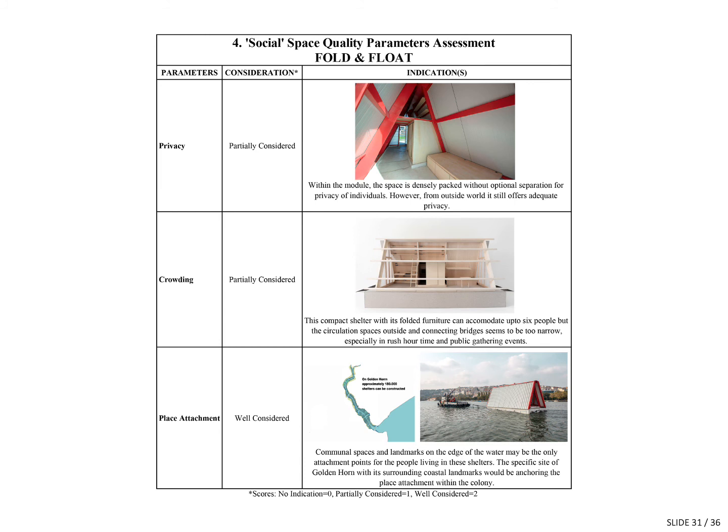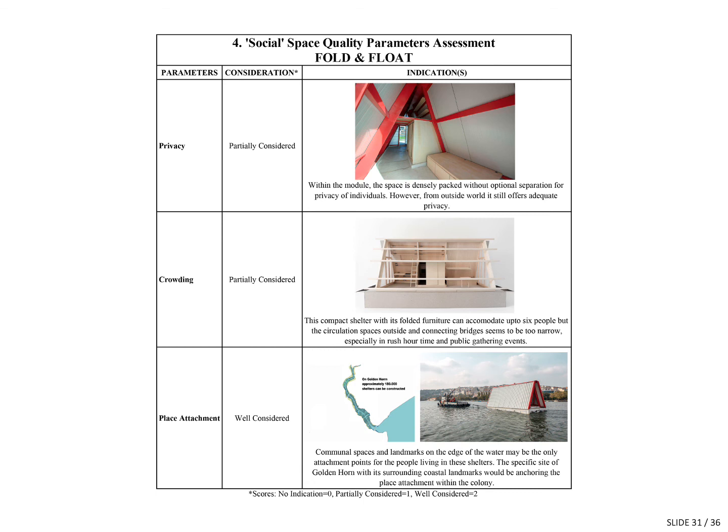In the social component, privacy is considered partially because of the lack of separation within the module. Crowding is also considered partially because of the compact nature of the shelter and very tight aisles and circulation spaces. So it is difficult to accommodate more people in public gathering events within the module or around the module.